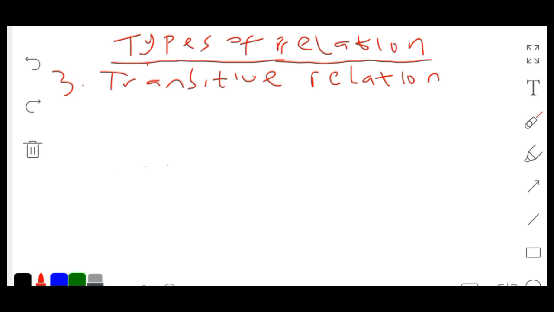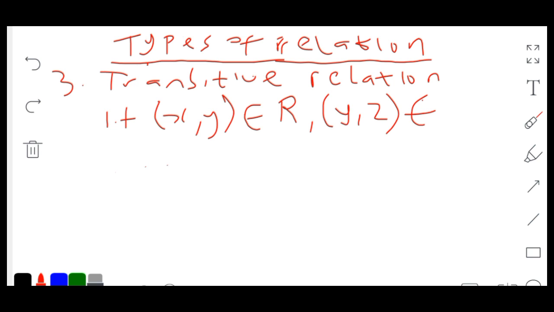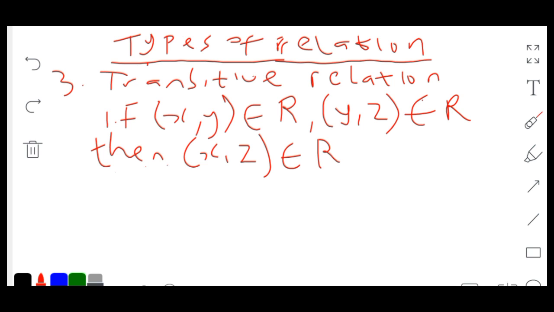The last relation we'll be talking about is the transitive relation. If (x, y) is a member of R, that is the relation, and (y, z) is also a member of R, then (x, z) is a member of the relation, which is true.